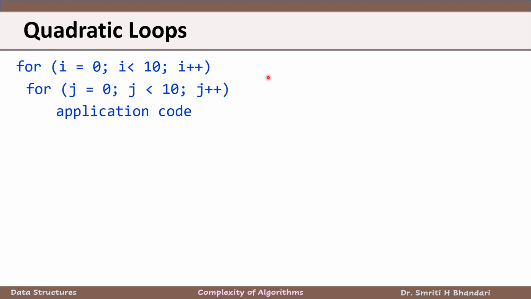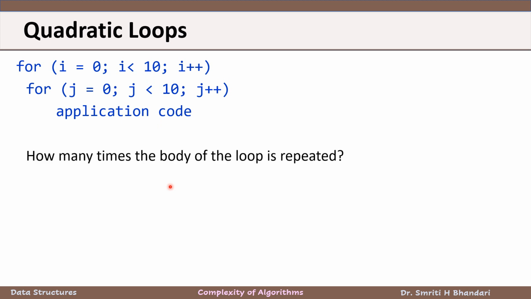Now let's look at the quadratic loop. So here we are having nested loops and both the loops are running 10 times, right? So if n is 10 here, then how many times is the body of the loop being repeated?